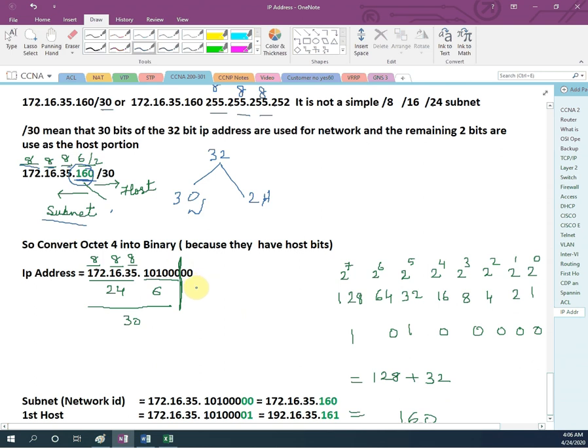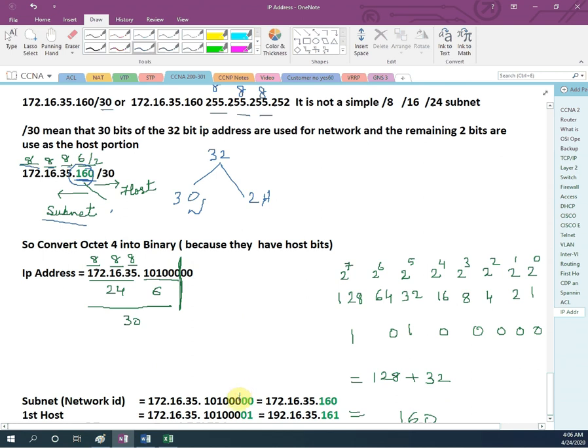So now, if I want to calculate the network ID, wherever we have the host bits, we need to make them 0. If you see the host bits, this is the conversion. We already wrote this one: 172.16.35.160.